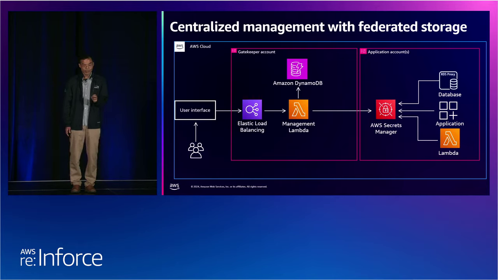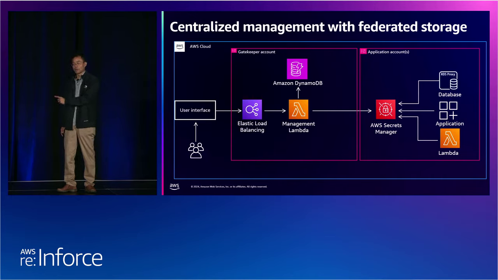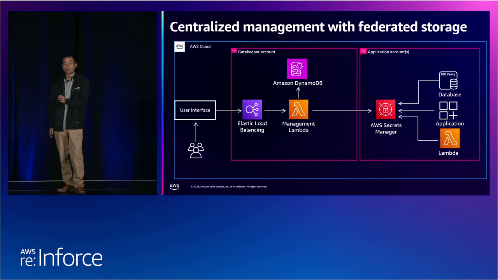And importantly, even though we manage all these secrets through a central set of API, they are stored in a federated way in each account, local to where the secret will be consumed. And it really provides multiple benefits because of that, right?